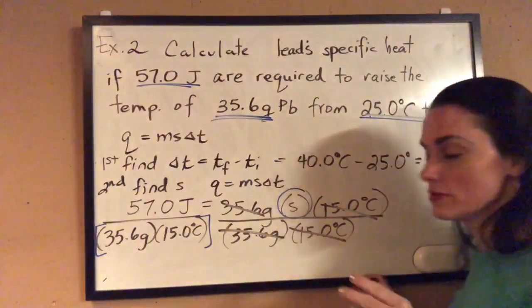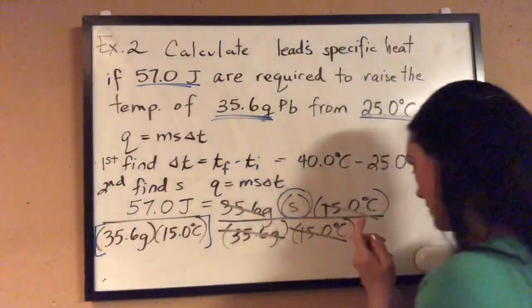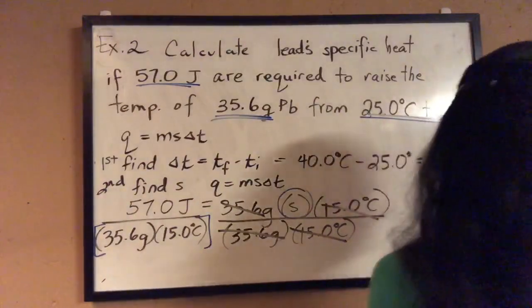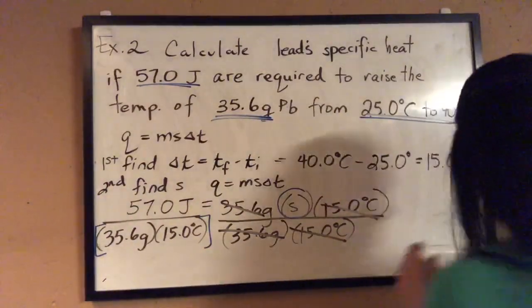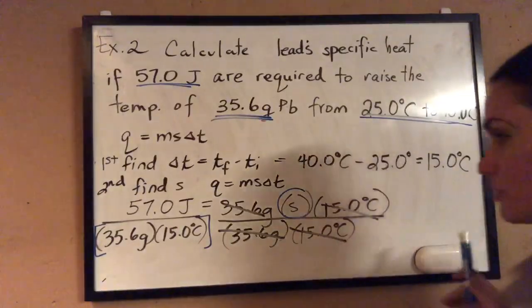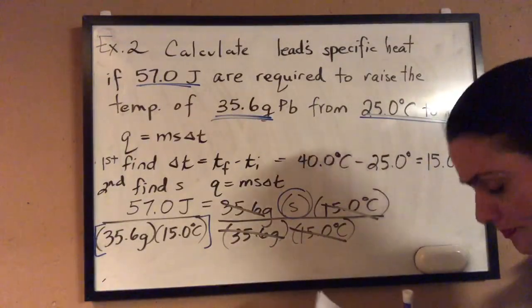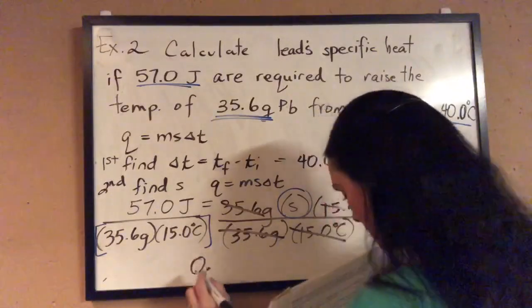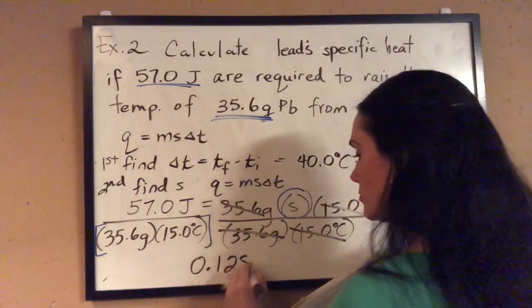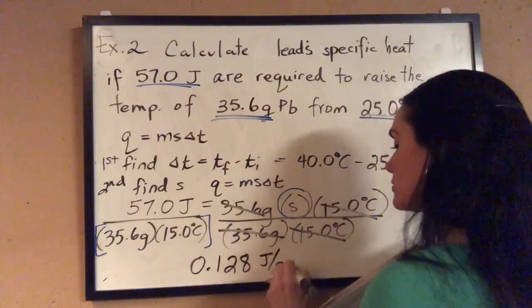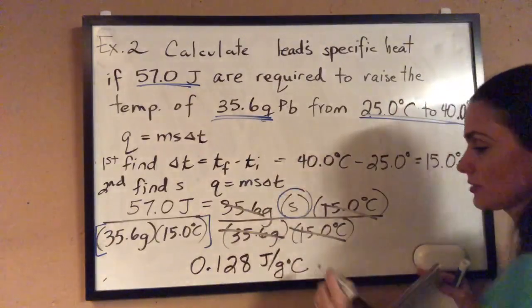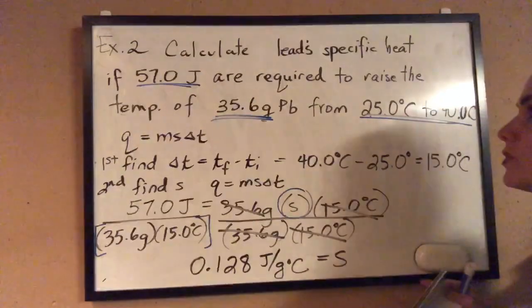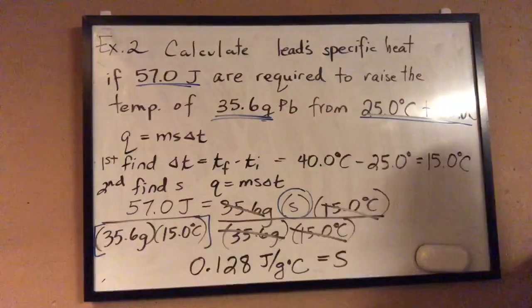So make sure that you put in those parentheses so you tell your calculator what you want it to do. And you should get 0.128 joules over grams times degrees Celsius for your specific heat.